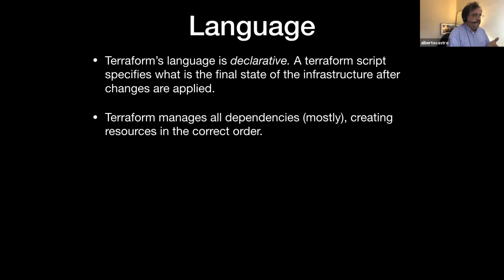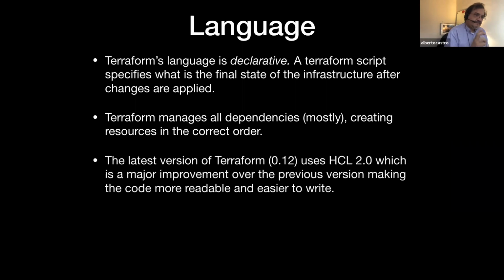So Terraform manages all dependencies. For example, the security group and the EC2 instance, which comes first? I can change the order of the code. I could put the EC2 instance first and the security group second, but it doesn't matter really, because Terraform is going to say, I need to get the information of the security group first before I create the instance. I'm going to do that.